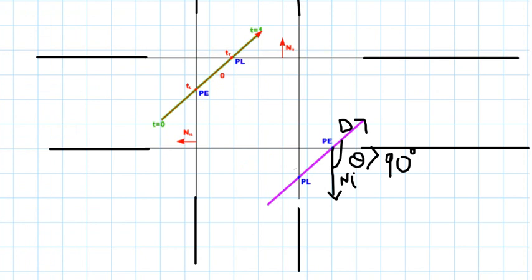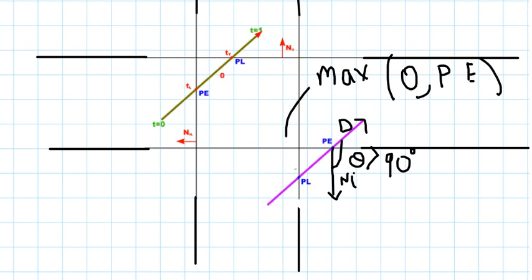So if you find the max between 0 and PE for this line, then your PE max is going to be PE itself. You get only one potentially entering point.